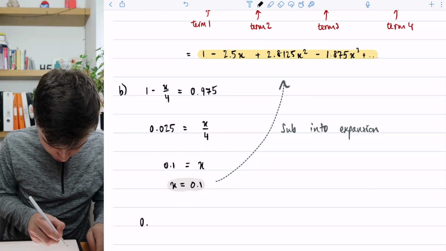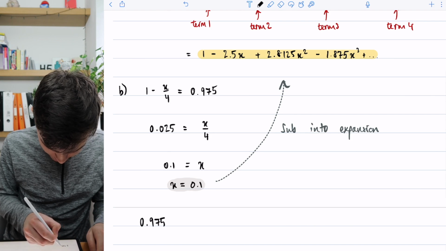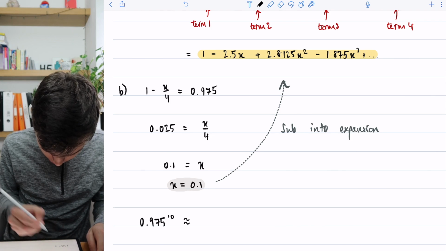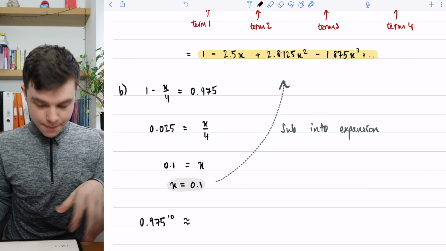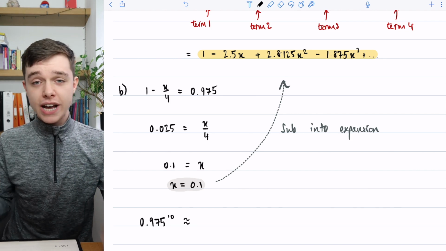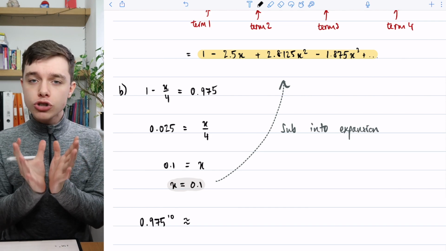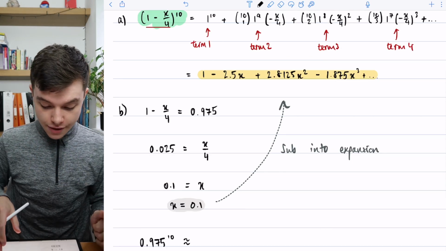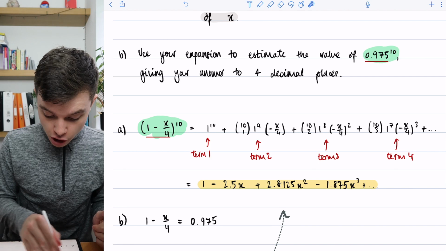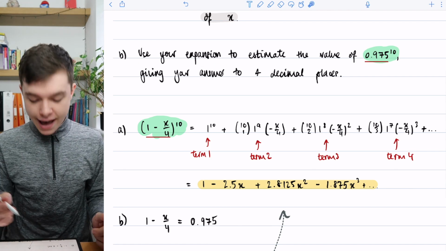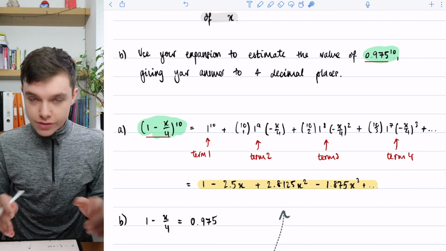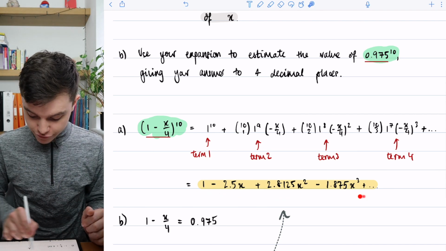And so 0.975 to the 10, and I'm going to use the estimation sign here. It's approximately equal to. It's not exactly equal to, okay? It's just an estimation because we're just using the first 4 terms. That's why it says here, use your expansion. Well, my expansion in part A was just 4 terms. So let's do an estimation using the 4 terms.